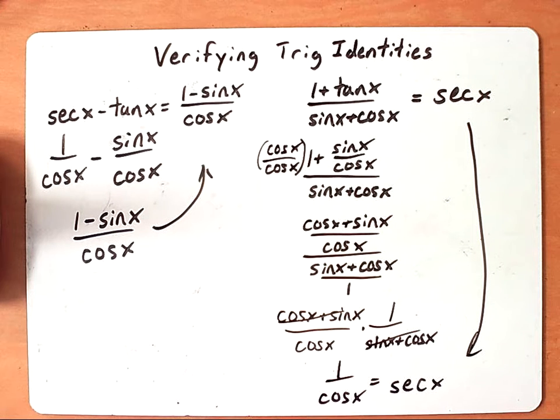So we have verified that identity as well. So we have one more problem for part 2. If you need a second to jot this down, go ahead and pause the video. I'm going to erase this so we can knock out the very last problem.